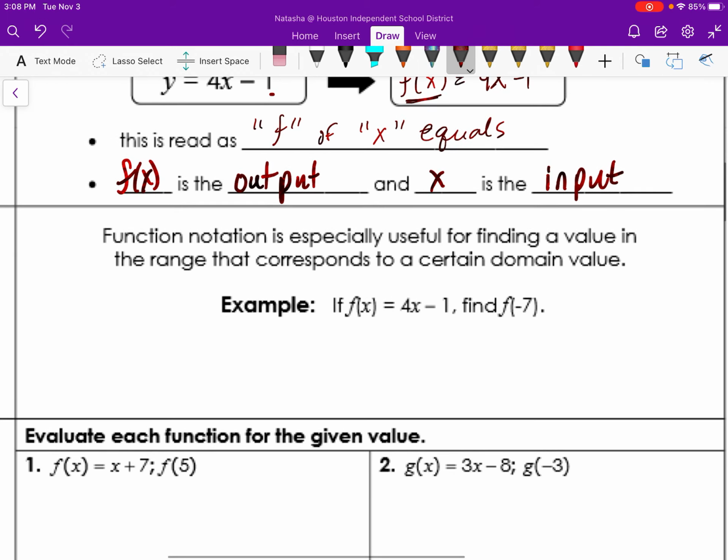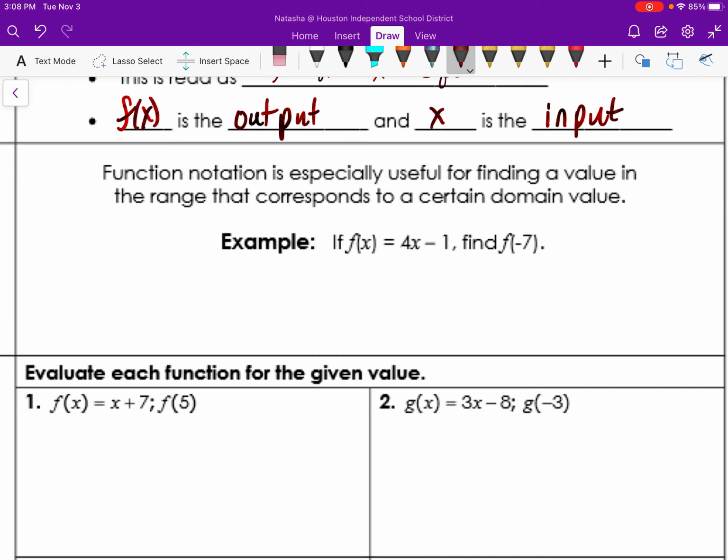Okay? Now, let's look at our first example. I give you this function notation, and it's especially useful for finding a value in a range that corresponds with a certain domain value. Normally, I would give you the equation where it would look like this. I would say y is equal to 4x minus 1, and then I would tell you x is equal to negative 7, okay?